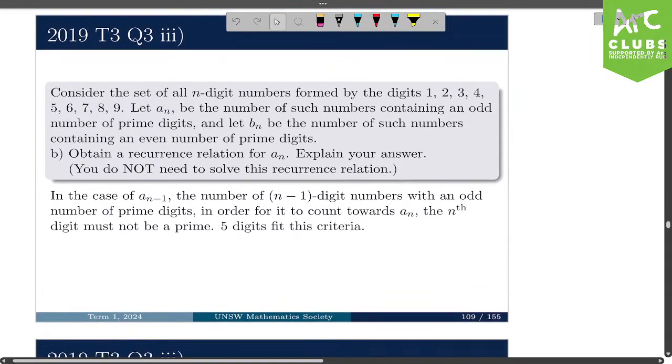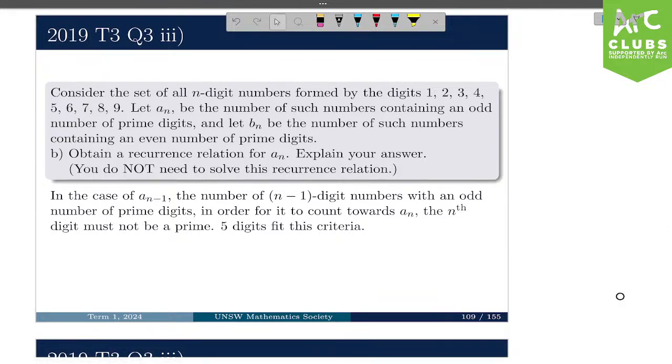Basically what we do here is we consider an n-digit number with an odd number of prime digits. So there's n digits here. What we can do is consider how many prime digits are in the first n minus 1 digits.